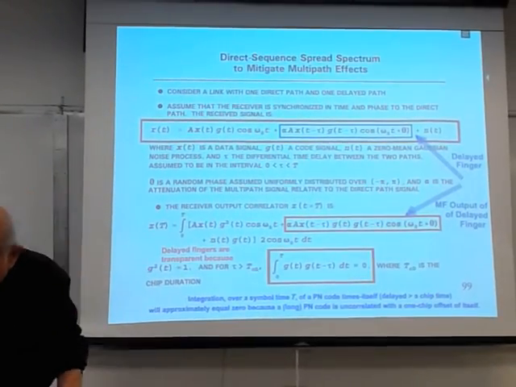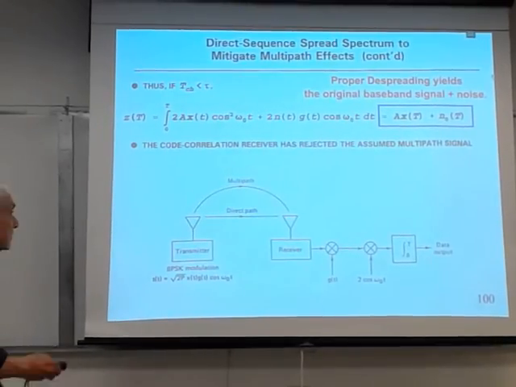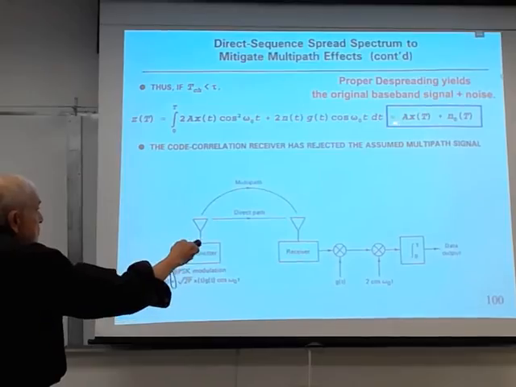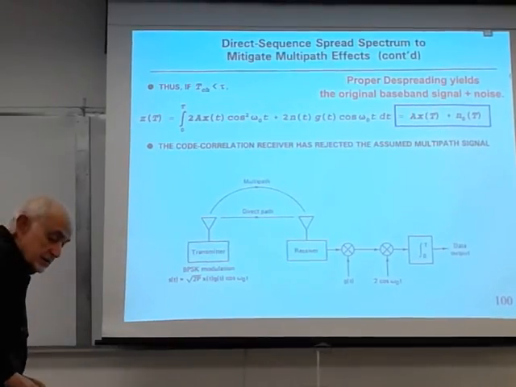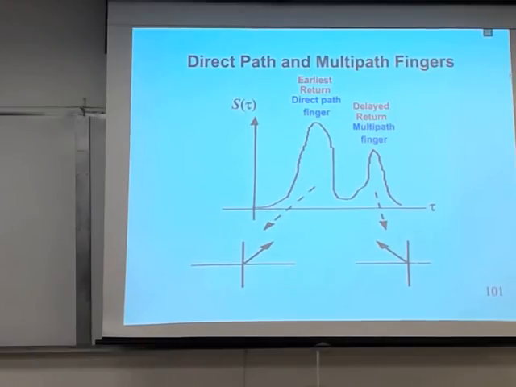So with that giving you zip, proper despreading yields the original baseband signal and noise. Okay. Direct earliest return and delayed return.